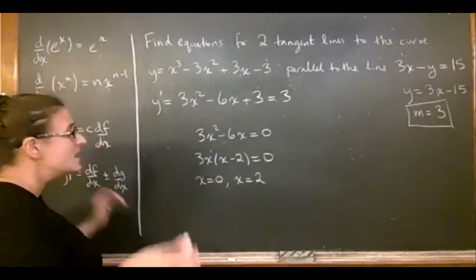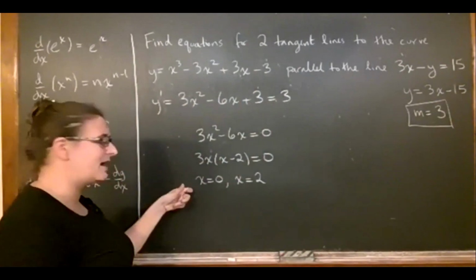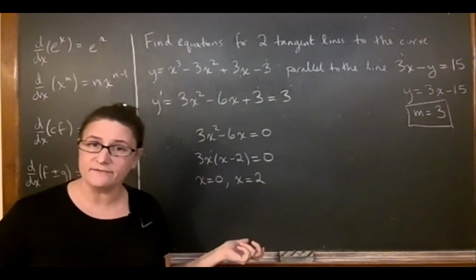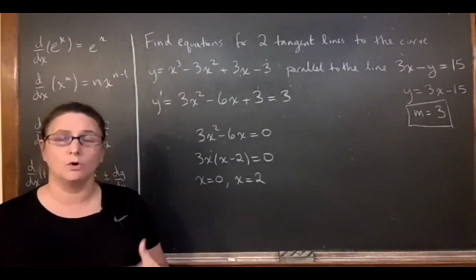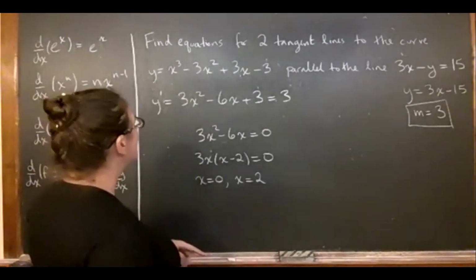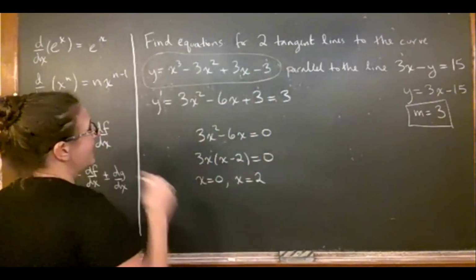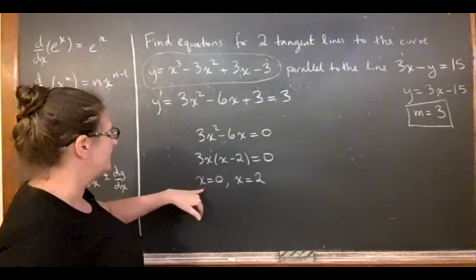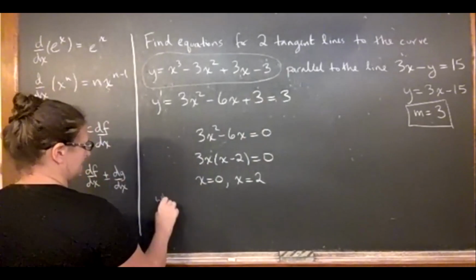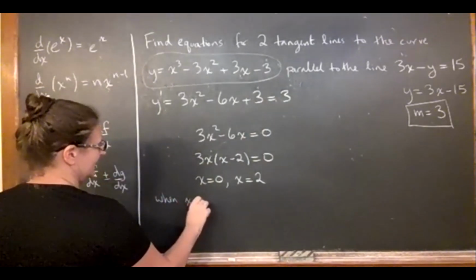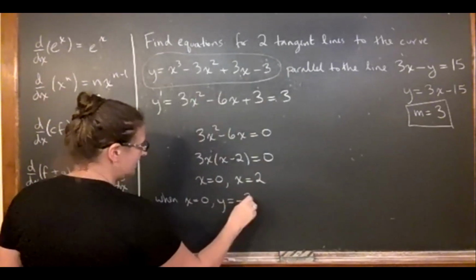Fantastic. So now I have the slope, I have the x values, but I still need the y value of the point, right? Because I'm going to use my point slope formula, so I need the x and the y value. So I can go back to my original function and find the y value that corresponds with these x's, right? So the first one is easy enough. When x equals 0, y equals -3.